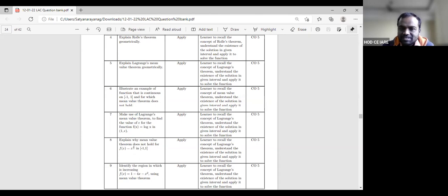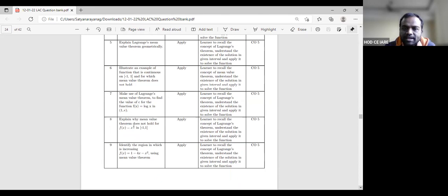That is the reason the mean value theorem does not hold. So ninth one, identify the regions in which f of x is equal to 1 minus 4x minus x square is increasing, using the mean value theorem.